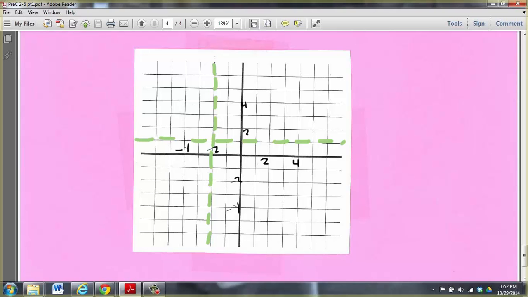I have one intercept at 2, another one, the y-intercept is at negative 1. So you might already be able to kind of figure out what this graph looks like. Since my asymptote is at negative 2, my test points are going to be negative 3 and negative 1.